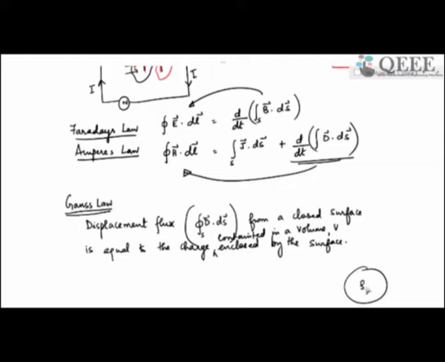So if I have a volume distribution rho, if rho is the volume charge density, so that the charge is the volume integral of rho dV, then Gauss's law states that the closed surface integral is equal to the volume integral of rho dV.